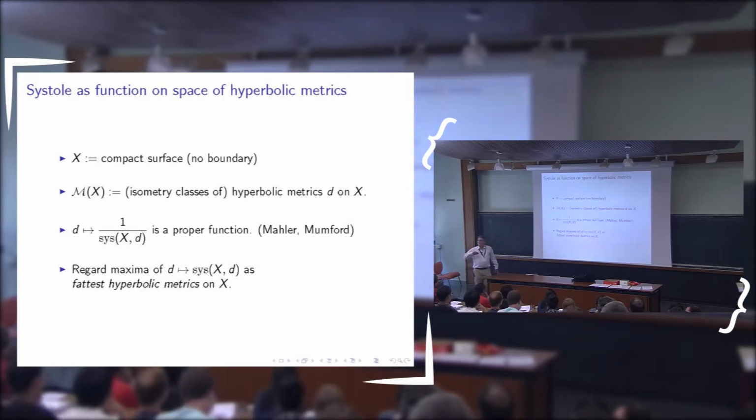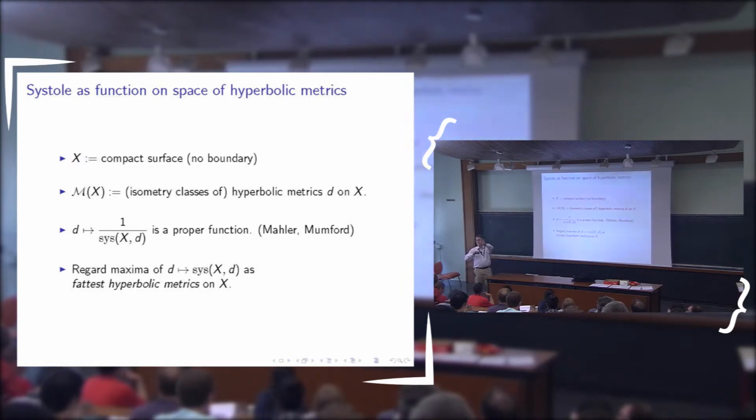What we're interested in this talk is sort of the opposite. Instead of going out to infinity in moduli space, let's look at the middle of moduli space. So going out to the ends of moduli space in the hyperbolic world means pinching a short geodesic, or the systole, and so making these very long cusps.